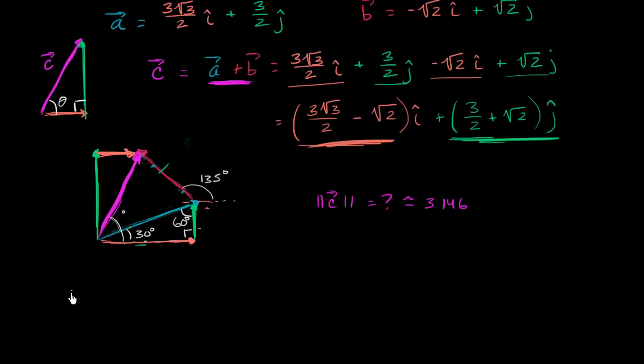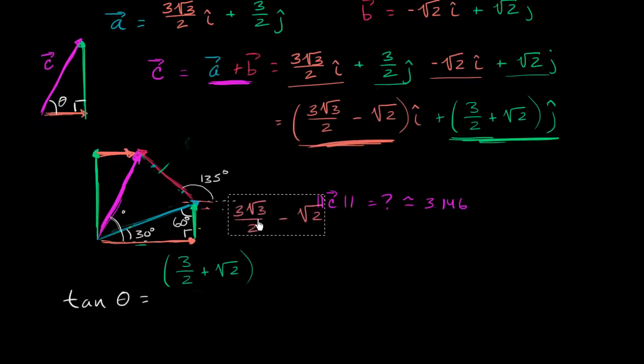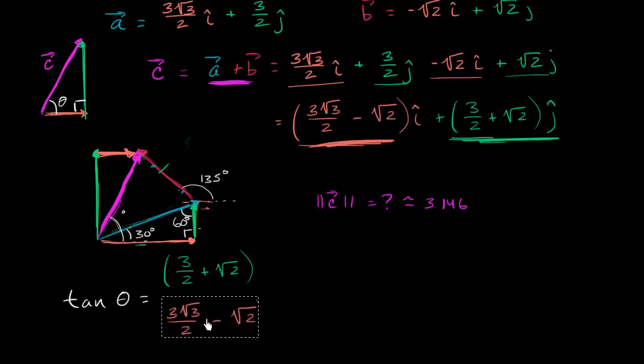We know that the tangent of theta is going to be equal to the length of the opposite side over the length of the adjacent side. So that would be equal to this, copy and paste, over this right over here.